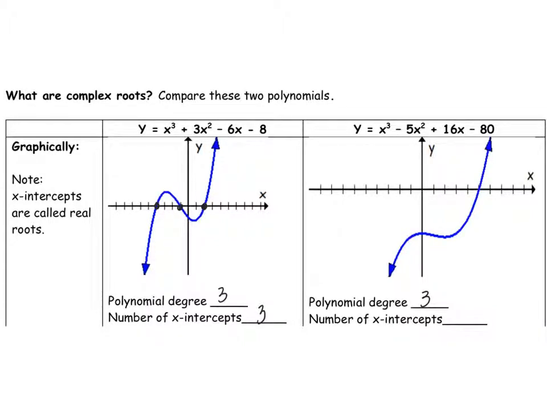But on the second one, we only have 1 real root. It only crosses the x-axis in 1 place. But we can tell because of this shape that it's got to have that higher degree. So this is going to tell us that this has 2 non-real roots. So we'll keep going from here.